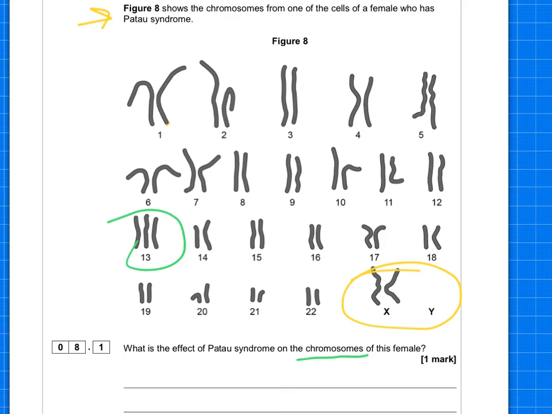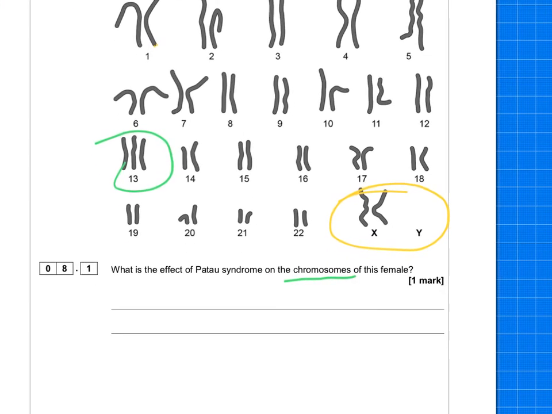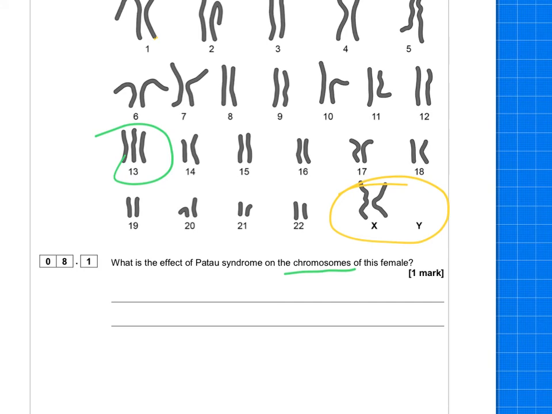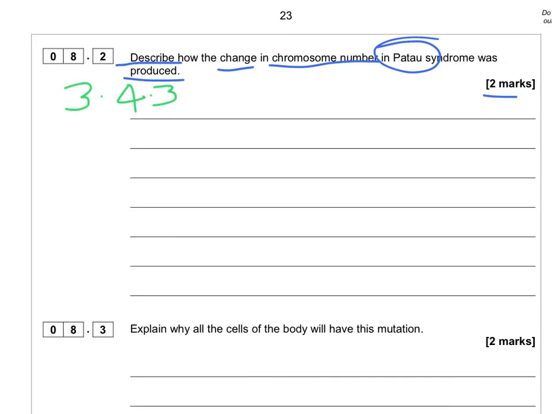So you will have to say there are 3 of chromosome 13, or you could say there's an extra chromosome on chromosome 13. Got to mention chromosome 13 though for the answer.